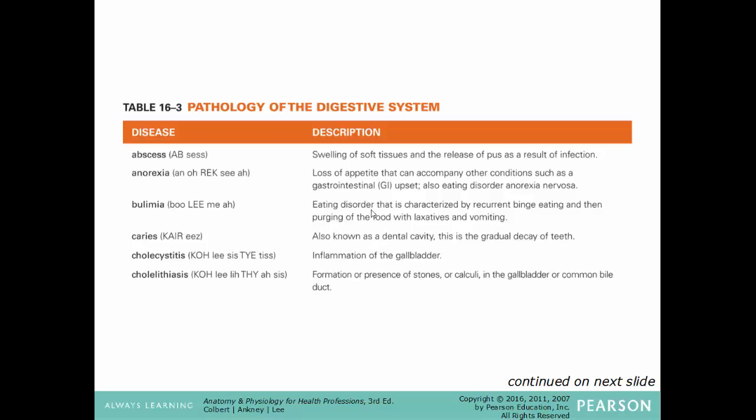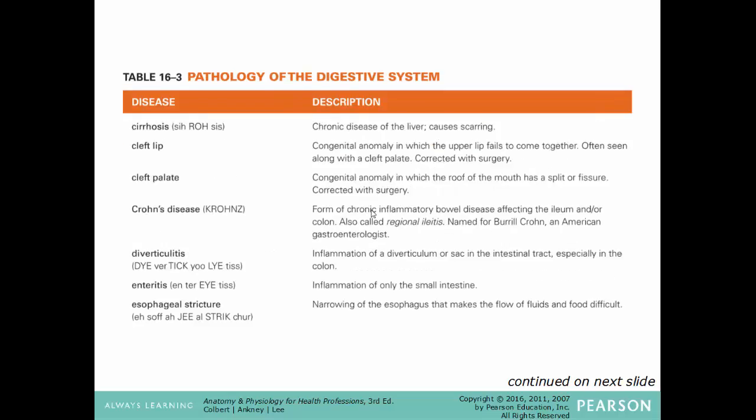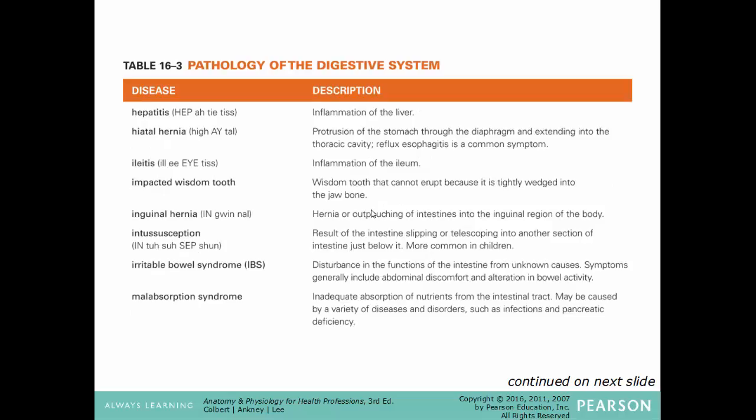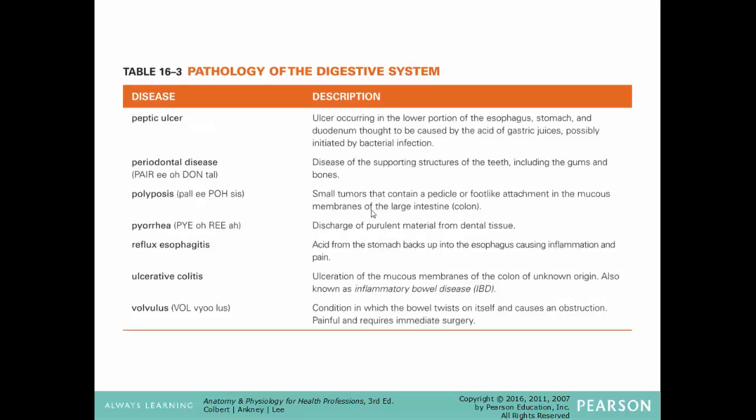Now, some of these we've gone over in this video, and some we haven't. Here's some more: cirrhosis, cleft lip, cleft palate, Crohn's disease, diverticulitis, enteritis, esophageal stricture, esophageal varices, fissures, gastritis, gastroenteritis, gingivitis, gum disease, hemorrhoids, hepatitis, hiatal hernia, ileitis, impacted wisdom tooth, inguinal hernia, intussusception, IBS, irritable bowel syndrome, malabsorption syndrome, peptic ulcer, periodontal disease, polyposis, pyorrhea, reflux esophagitis, ulcerative colitis, and volvulus.